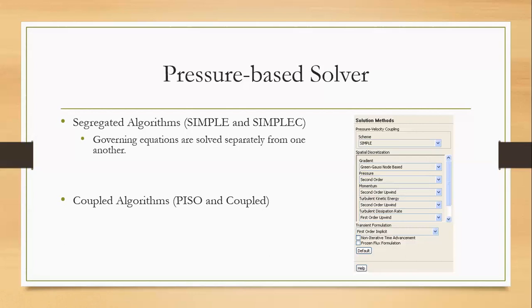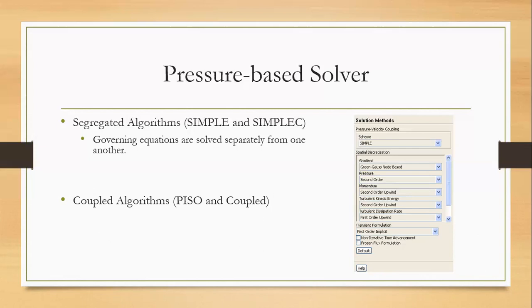You know that all of the governing equations involved whenever we are solving any type of problem are always coupled equations. In the segregated algorithms, we segregate or separate these equations and then we solve them separately. That's where the name segregated algorithms comes from.